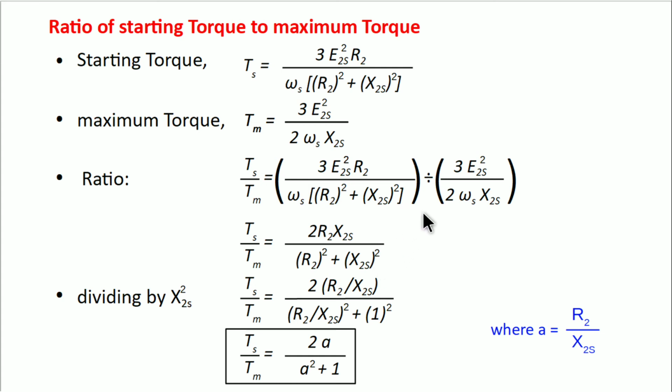Rest all things cancel out. See, 3 E2s square cancels out. Omega s cancels out, right? X2s comes on the top and becomes R2 X2s. This term will remain in the bottom.